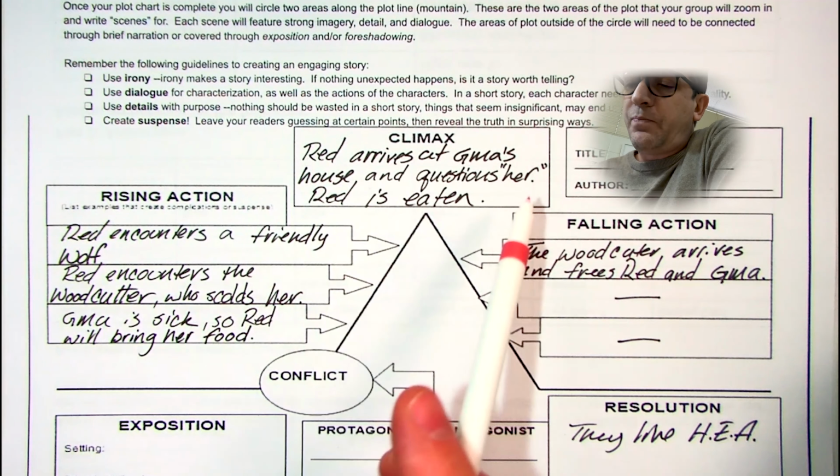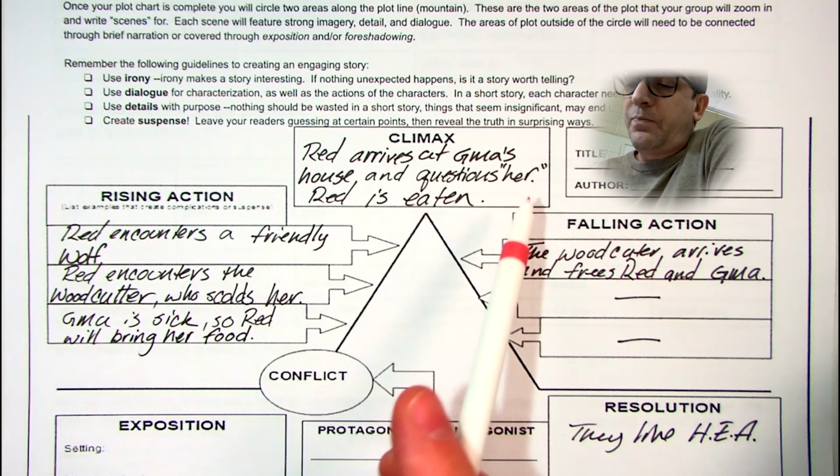It's really part of the same scene. Once I break down these plot points into scenes, a scene tends to be one location where something happens, one point in time. So this actually is part of this scene. I wouldn't separate it right after she gets eaten, not have the woodcutter come in.